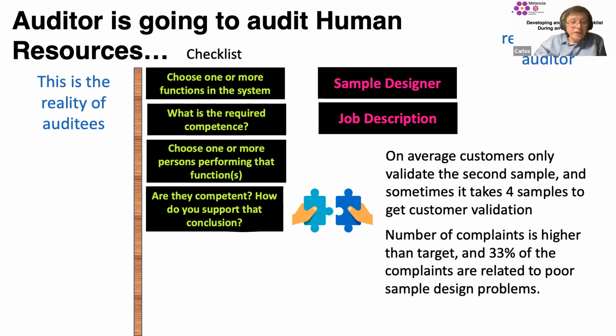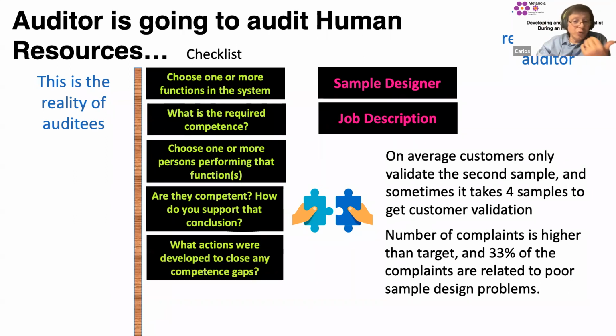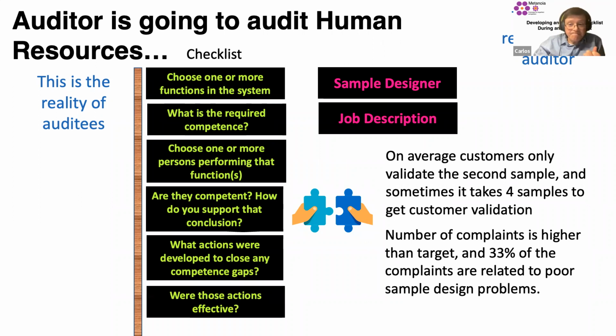Great. And what have you done to close those gaps? Okay, she had training, great. Oh, you have training records, great. You have records evidencing that she had the training. Was it enough? Was the training effective? Do you have any evaluation of that?